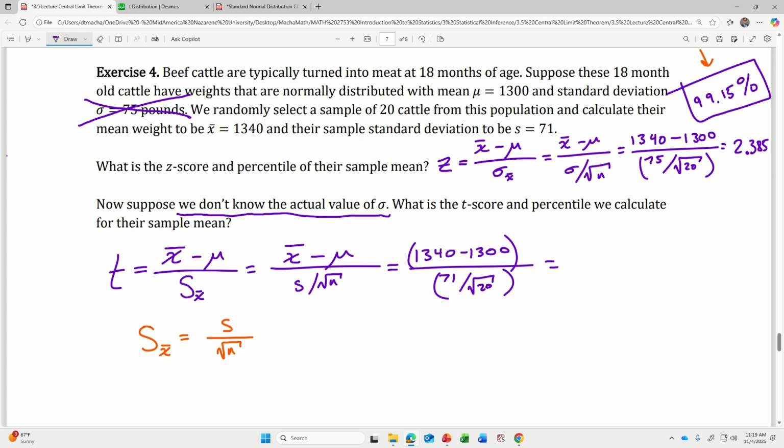See what we get. So I got a t-score of 2.52. That should be 71. 71 is in the problem right here.